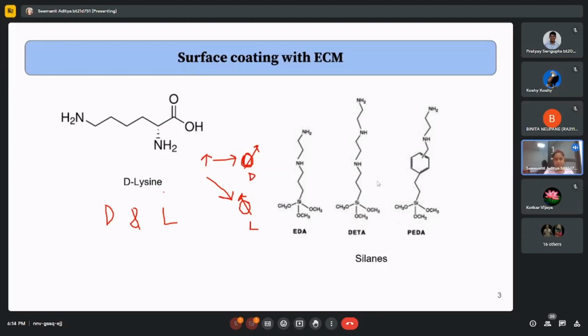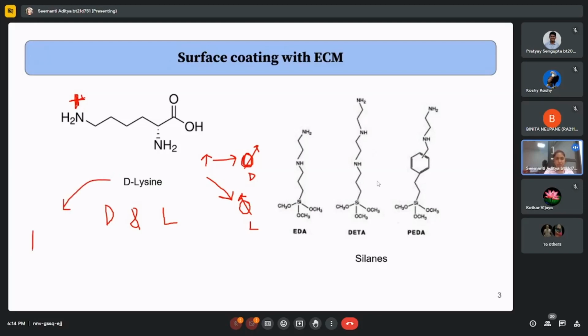So in bacteria, these are generally D isomers, and in mammals or higher organisms, the naturally occurring amino acids are L isomers. This is the structure of D lysine. In D lysine we have the normal COOH and NH2CH, and the side chain contains another amino group which can get a positive charge on it, and therefore lysine is generally a positively charged amino acid.